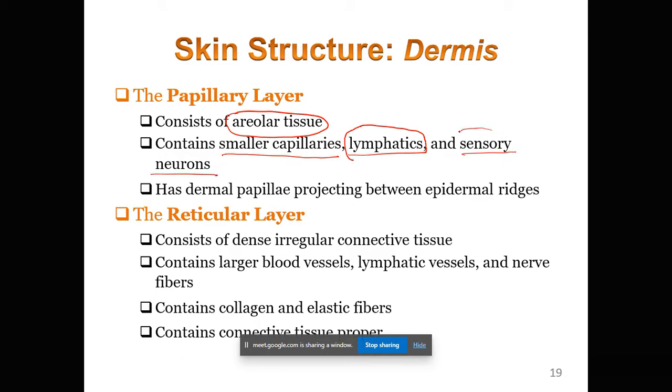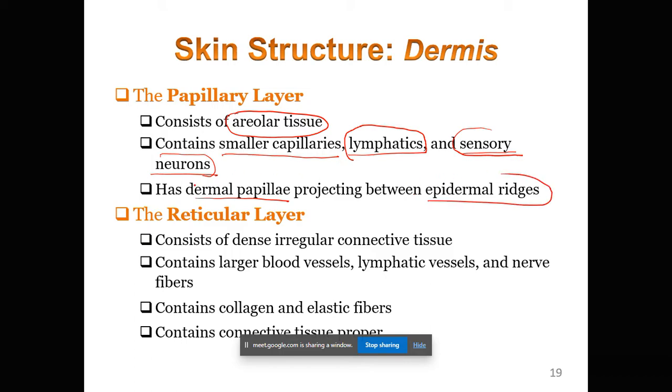Because of these sensory neurons, one function of the skin is to act as a sensory organ. Sensory means whatever sensation we have, that is the sensation of pressure, touch, and heat. All of these sensations are because of the sensory neurons present in the dermis. It has dermal papillae projecting between epidermal ridges.